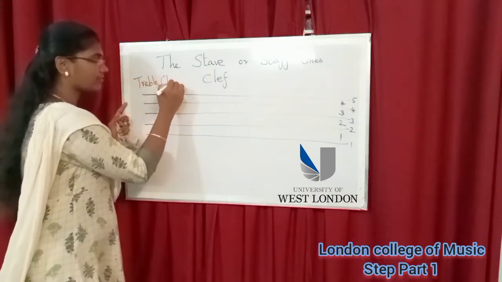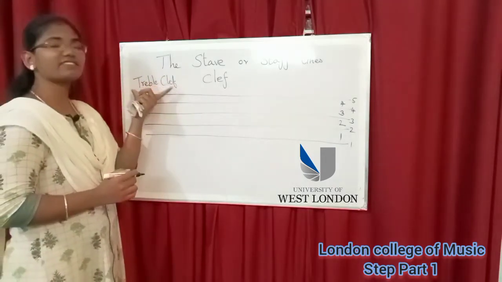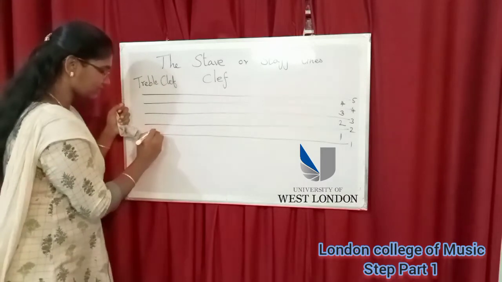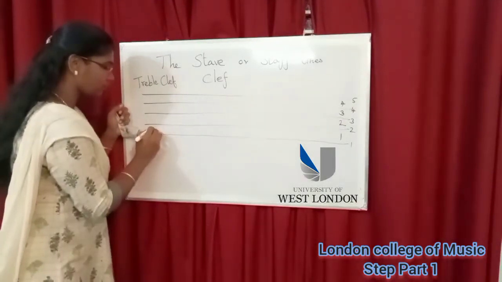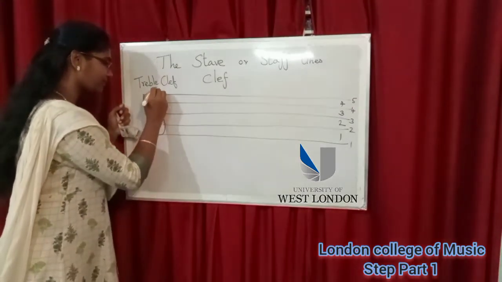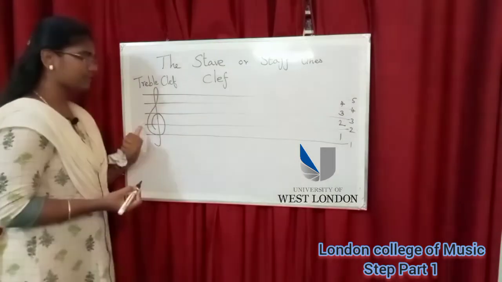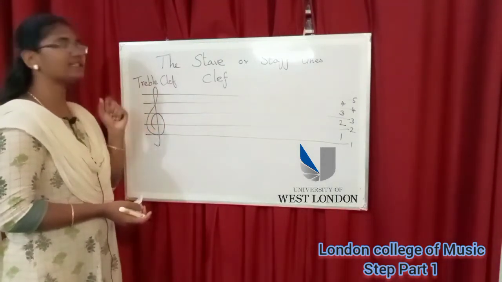The treble clef symbol will be like this: put a dot in the first space, then go to the third line, then come to the first line, then go up, and then come down up to here. Okay, so this is the treble clef.